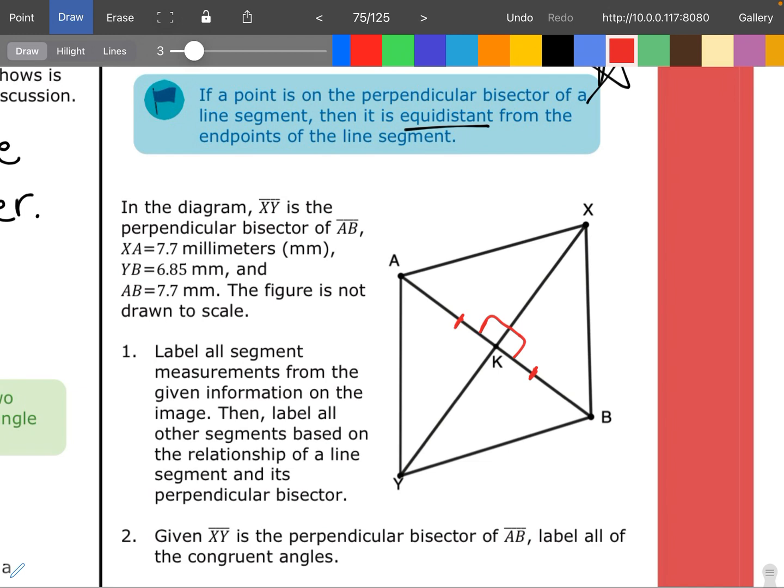I know that XA is 7.7 millimeters. YB is 6.85 millimeters. And segment AB is 7.7 millimeters. So I'm going to go ahead and divide that by 2. 6.85 divided by 2 is 3.85.